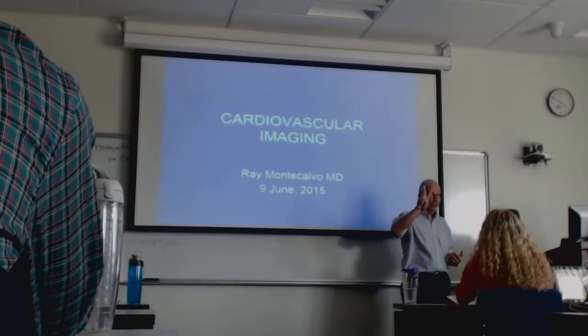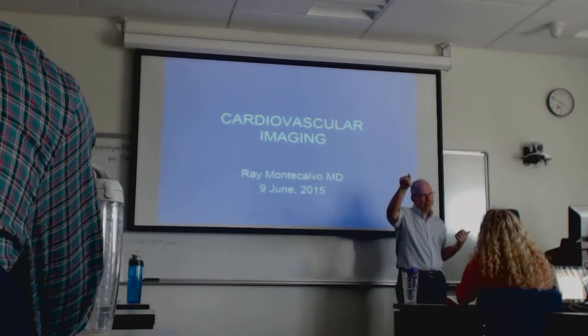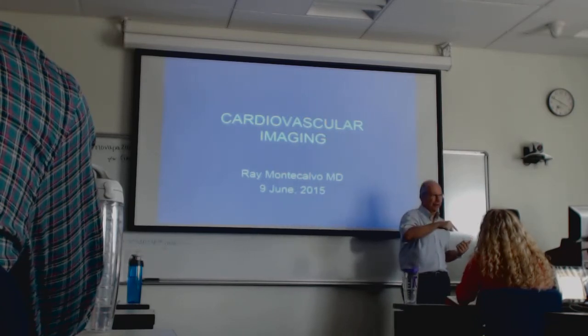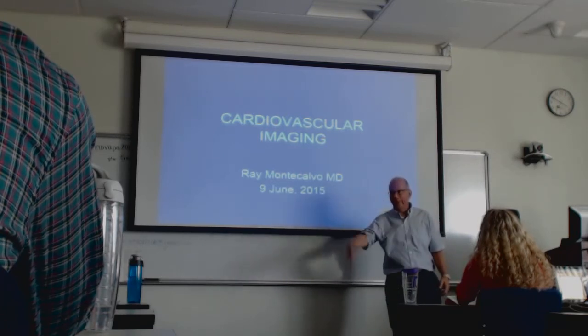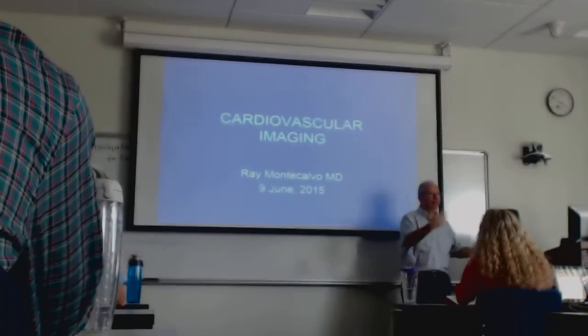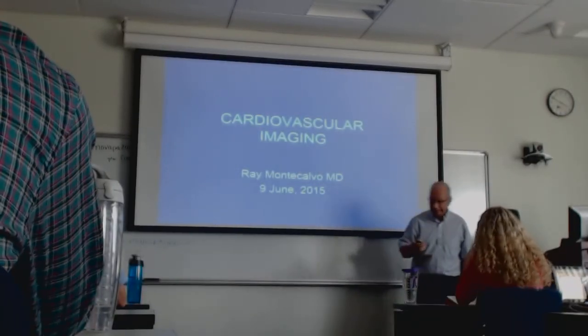The tech has labeled the patient's left, but the heart is on the other side. And now I'm wondering, did the tech mislabel the study, or does the patient have situs inversus? I hate that because it always requires a phone call. Are you sure? Are there any priors? So we're not going to talk about that.